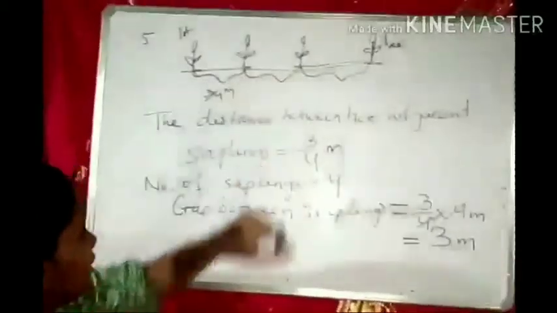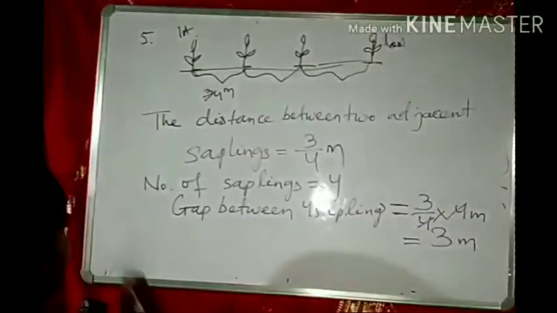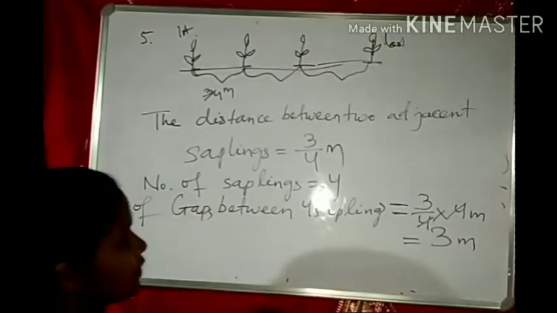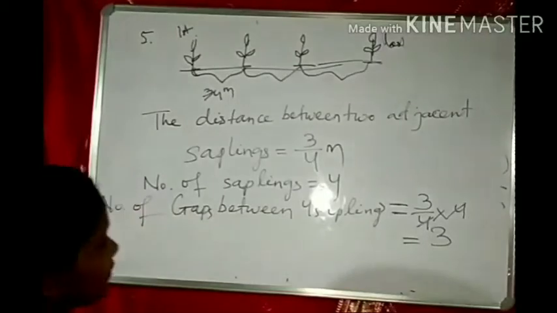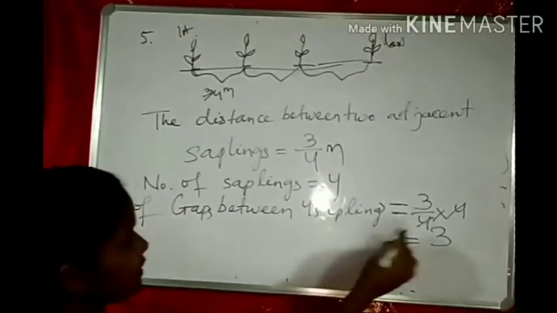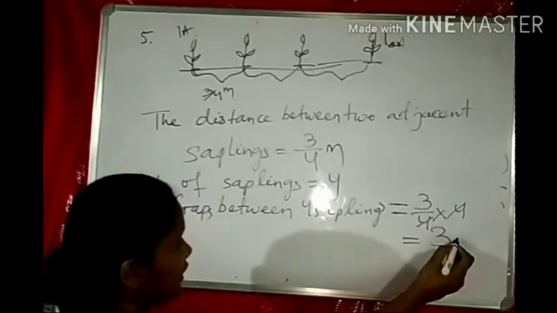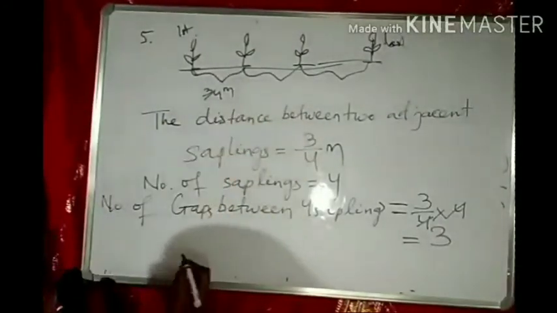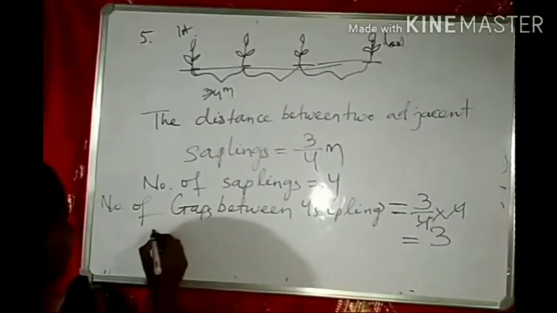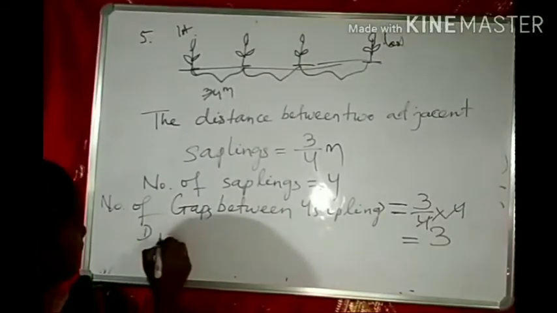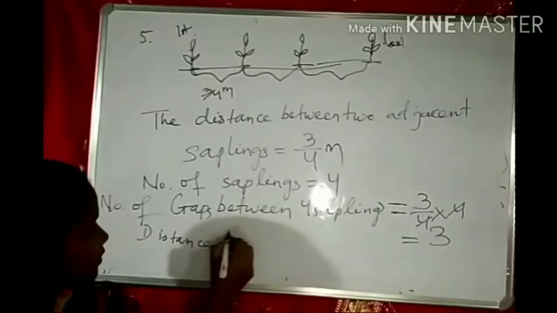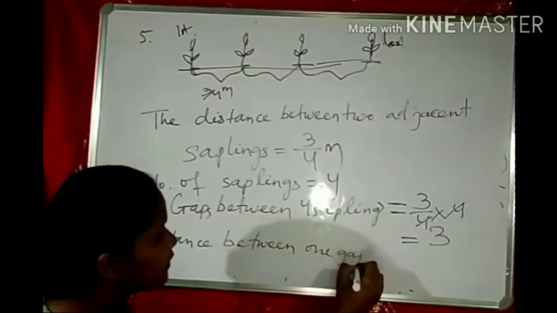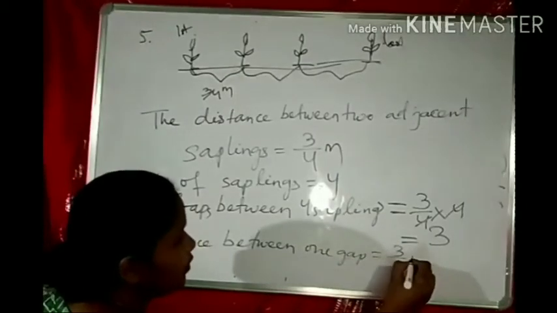So sorry, not gap, number of gaps. Number of gaps between these. Number of gaps is how much? 3 by 4 into 4. So there are 3 gaps. If one gap is 3 by 4 meter, so the distance between one gap equal to 3 by 4 meter.